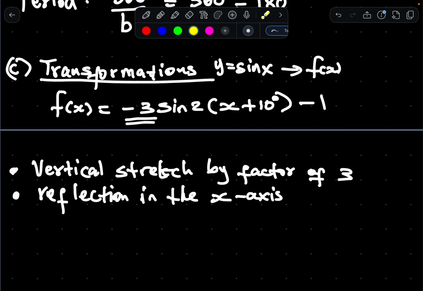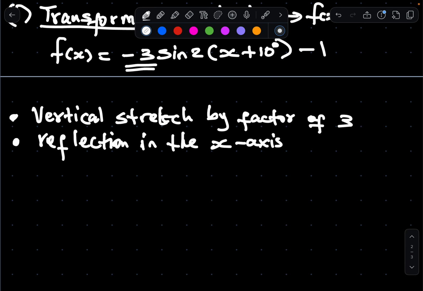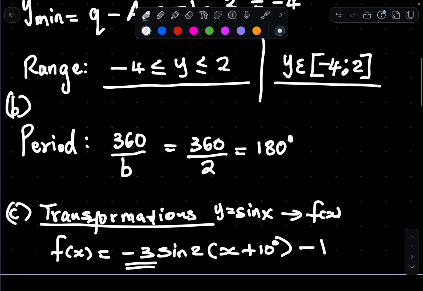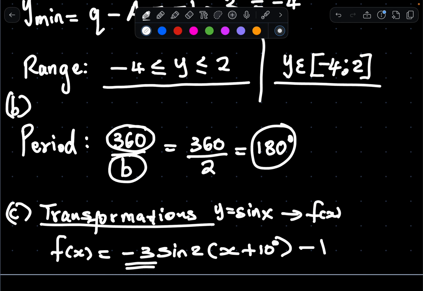Remember, B changes the period. Can you agree that the mother graph had a period that moved from 360 to 180? The period of the mother graph is 360, but B changes the period to make it 180.